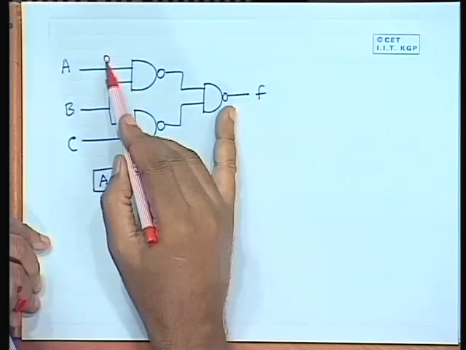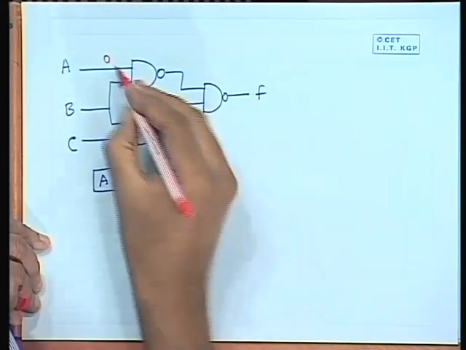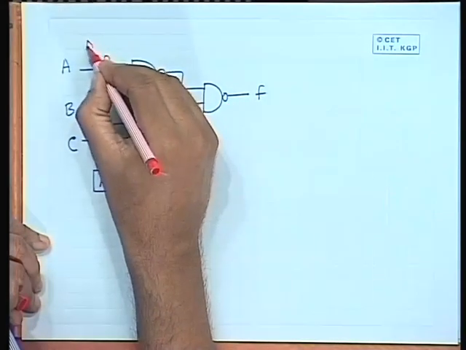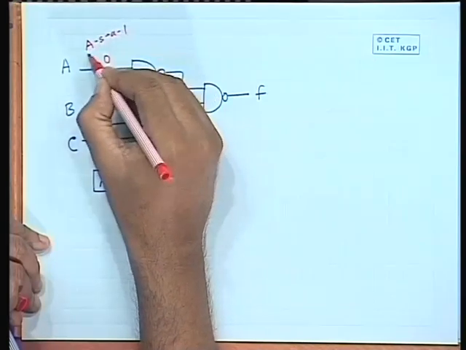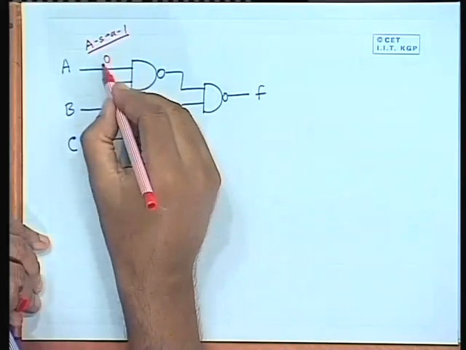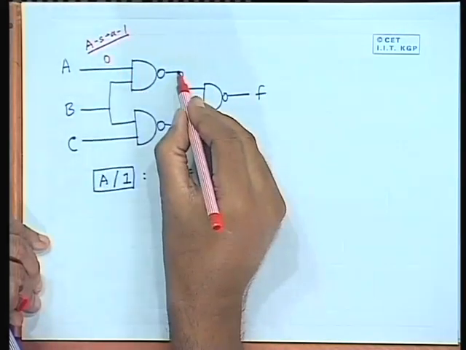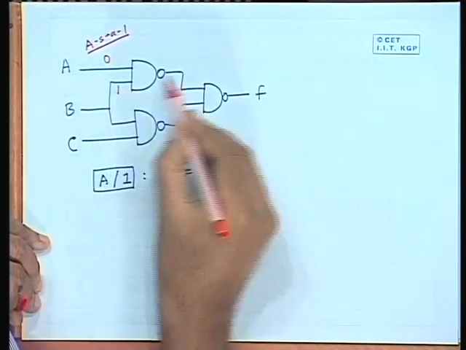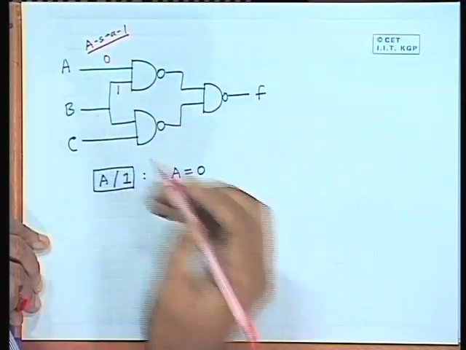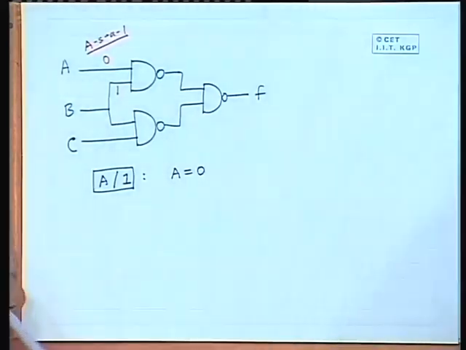And in order that this possible change in the input propagates here, this has to be put to 1, because if this is 0, the output will always be 1. This means B has to be 1.